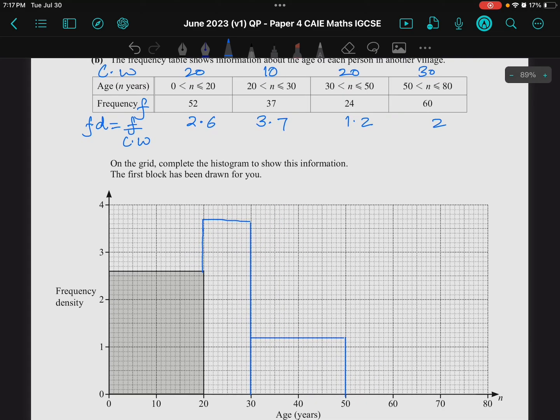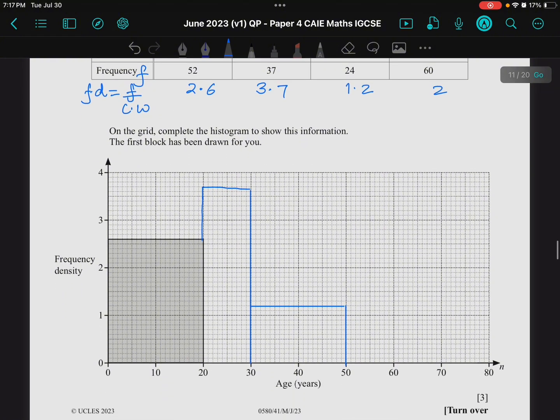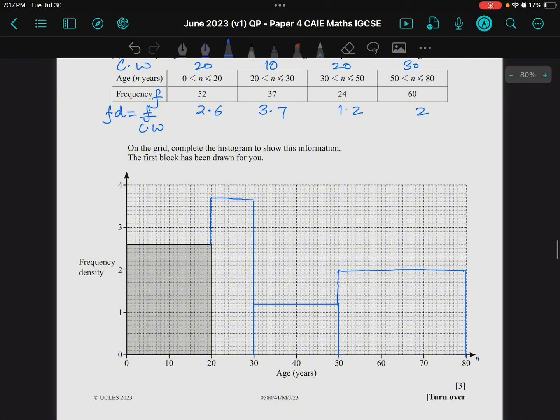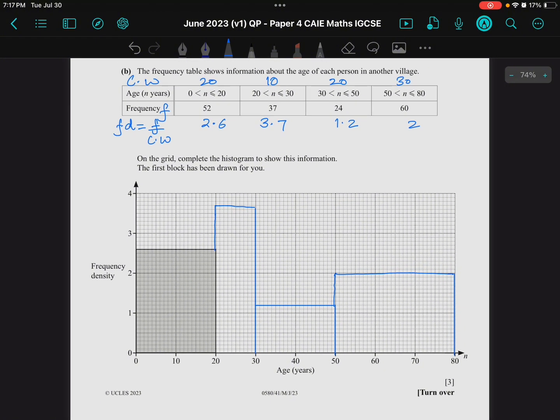Then class width 30, it is 2. So plot till 2. I will erase and make it more accurate. So this is my diagram of the histogram. This is the histogram showing the values given in the table.